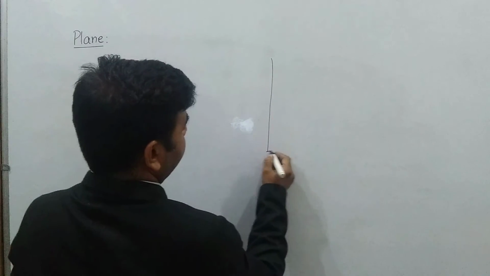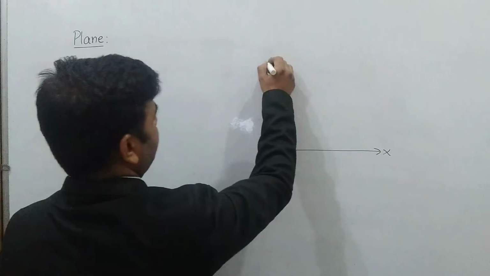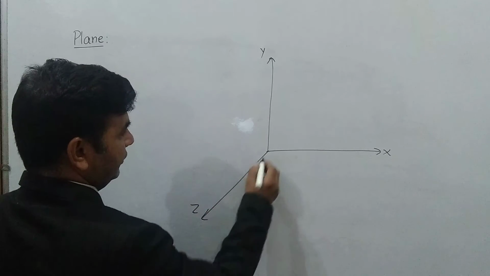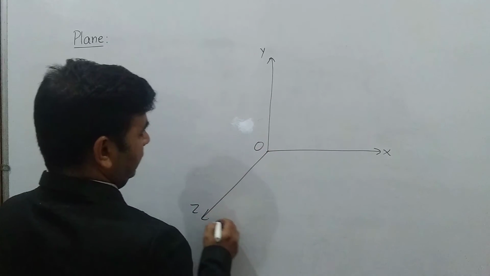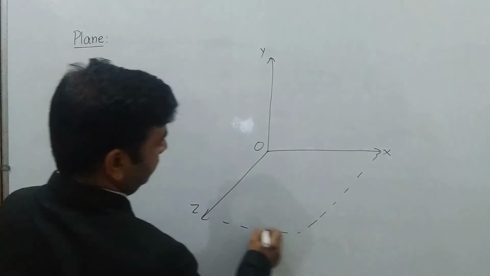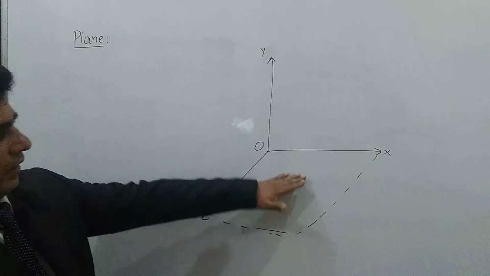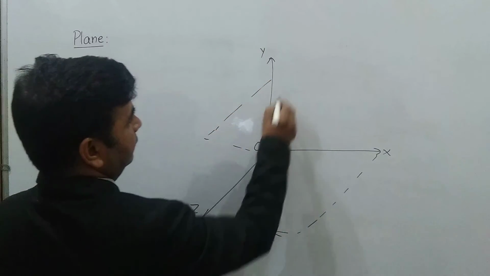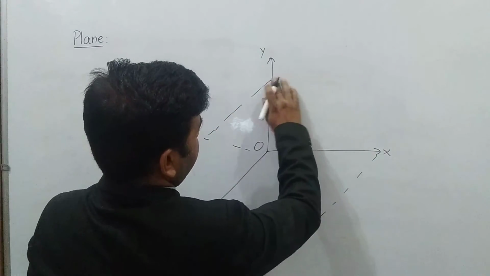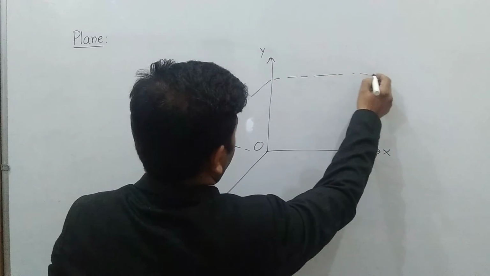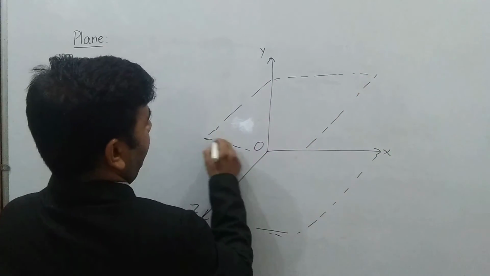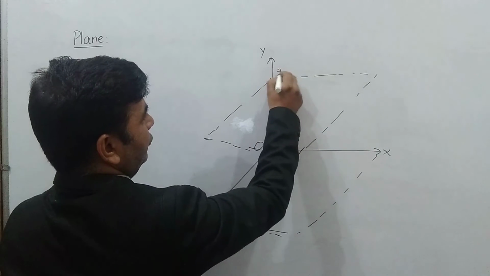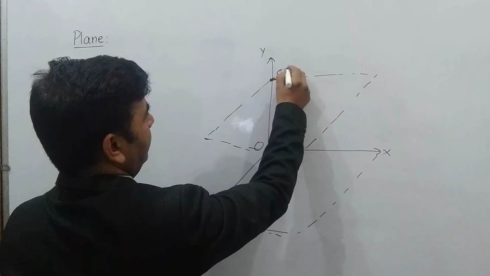This is your x-axis, this is your y-axis, and this is your z-axis, and this is your O. So this is the plane ZOX, and parallel to this plane there is another plane which is something like this, which is intersecting the y-axis at the point 3, and this point is 0, 3, 0.